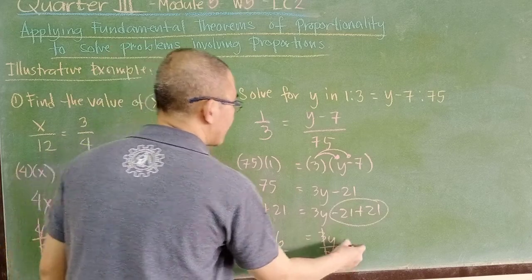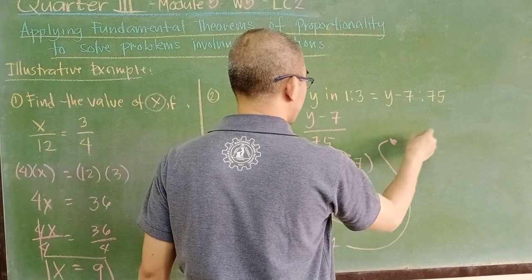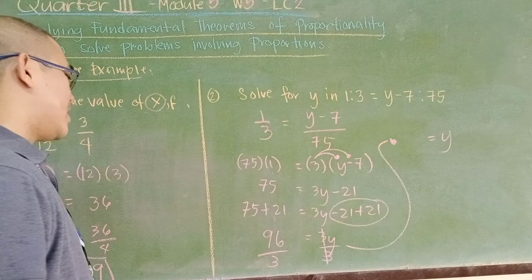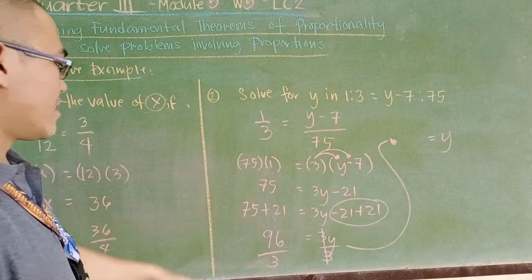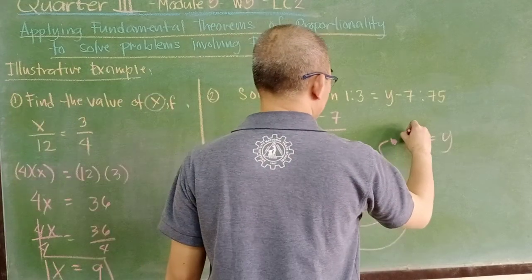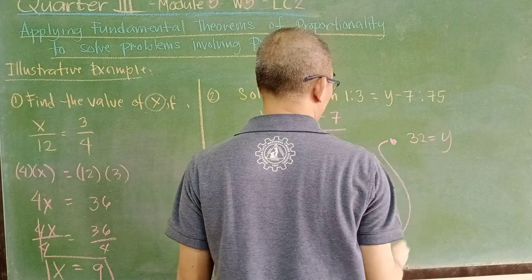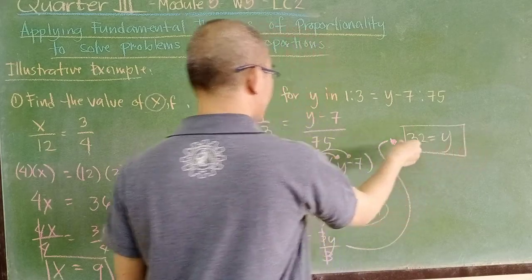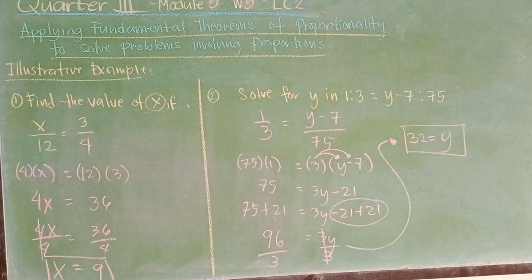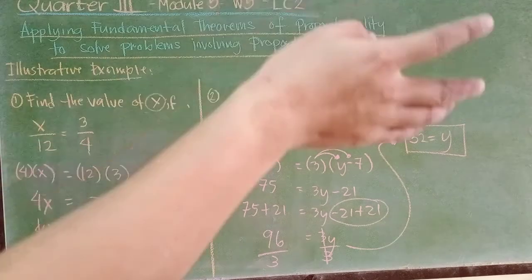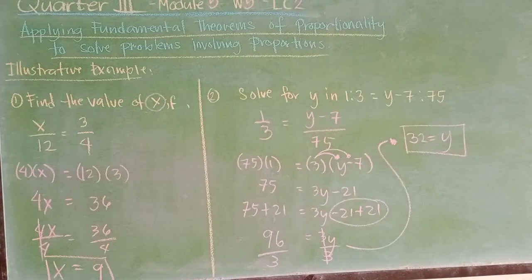So, maka-cancel. And then, yung y natin will be 96 divided by 3, that will be 32. So, dito sa may module natin, yung y nandun sa kabila, yung 32 nandun sa may right side. So, that is still the same.